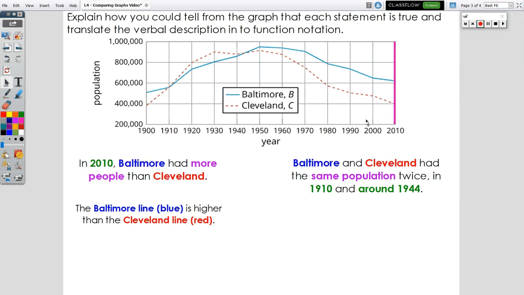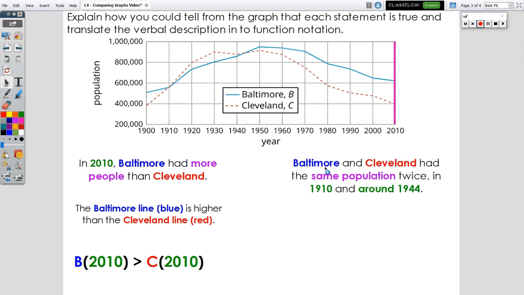So the way I can tell on my graph is my Baltimore line, the blue line, is higher up on the graph than the Cleveland line, the red line. The way I would write this in function notation is I would say my Baltimore population in 2010 is greater than my Cleveland population in 2010.